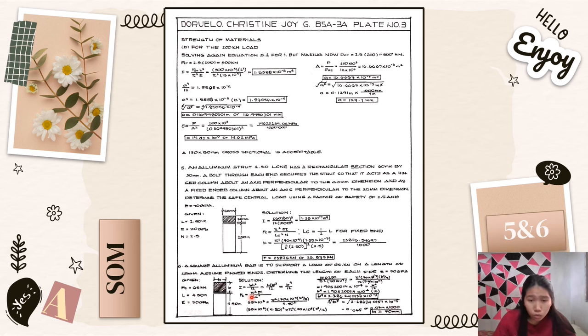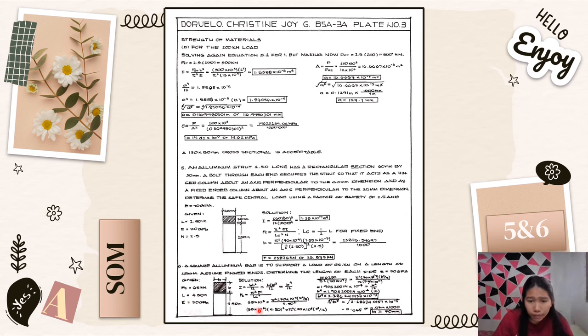I is equal to BH cubed all over 12, which is equal to B times B cubed all over 12, which is equal to B raised to 4 all over 12. FC is equal to pi squared EI all over LE squared.